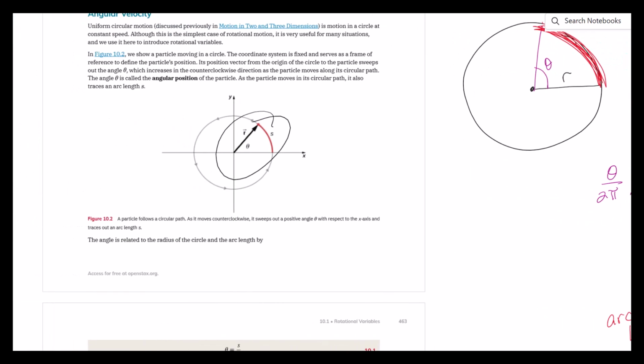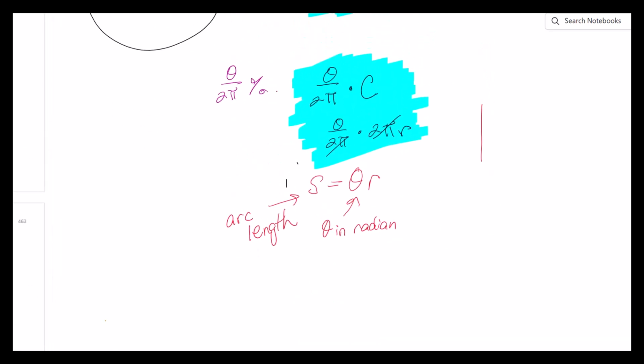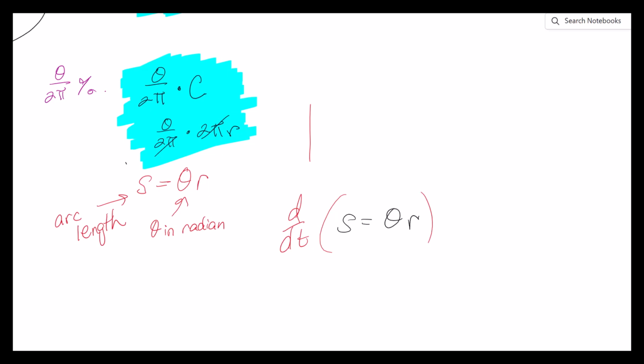Okay, so all that said, if I am looking at the arc length, there are a couple of things I can do. If I take the derivative of this, just a very gentle derivative with maybe a couple of asterisks, the derivative of position is velocity, right? Then I would have d theta dt times r plus theta times dr dt.